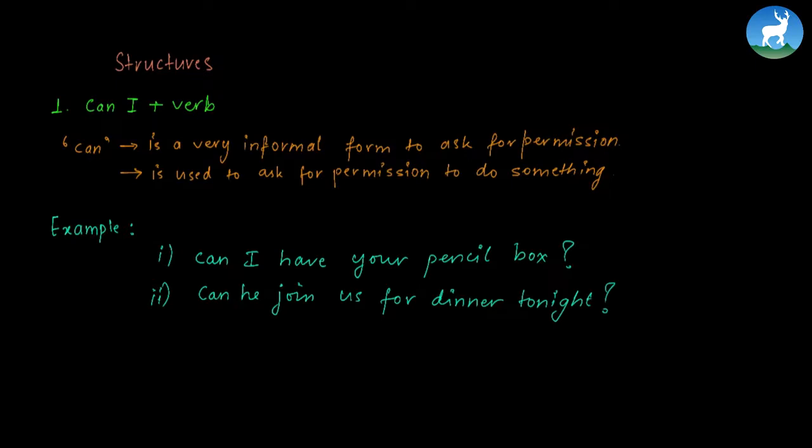So here, notice that we have used the sentence structure can I plus verb. So can I have, where have is a verb, your pencil box, or can he join? Join is another verb. So can he join us for dinner tonight? You're asking someone for permission to do something, to have the pencil box or to invite your friend to dinner.